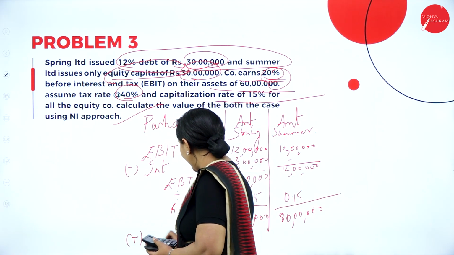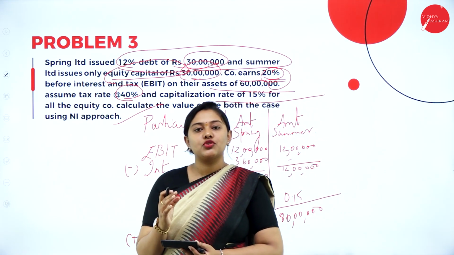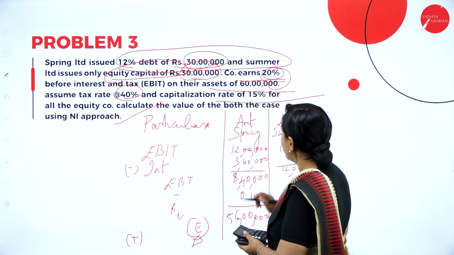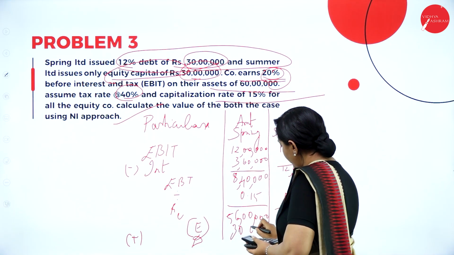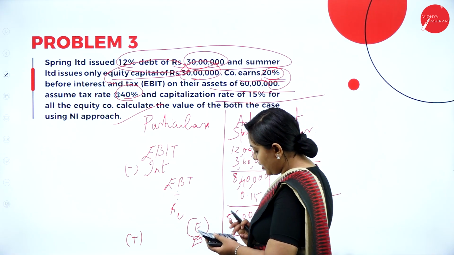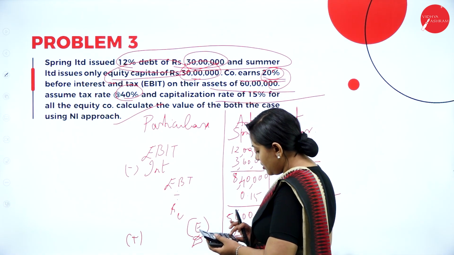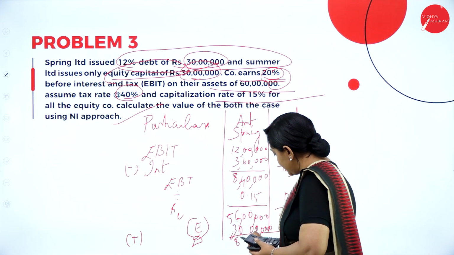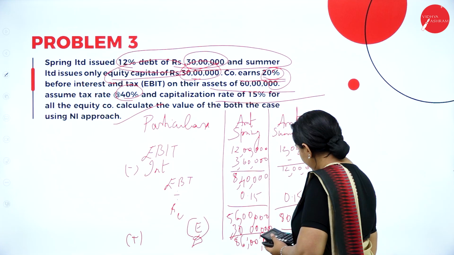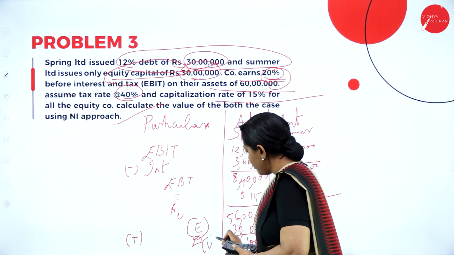Add market value of debt only for the Spring Limited, since the company is using the debenture. What is the debt value? 30 lakhs. 56 lakh plus 30 lakhs, it is 86 lakh. 86 lakh and 80 lakh is the value of the firm.